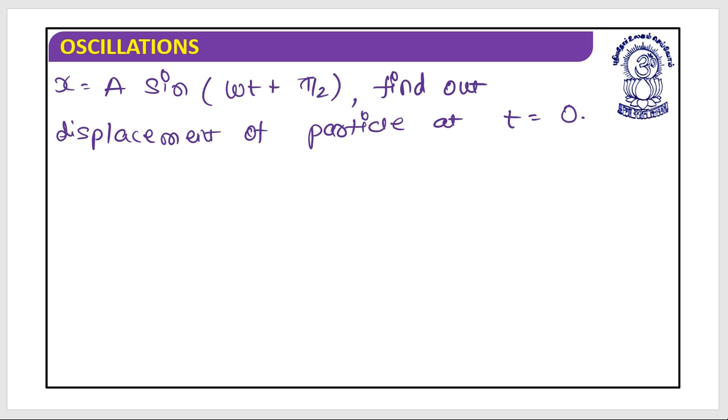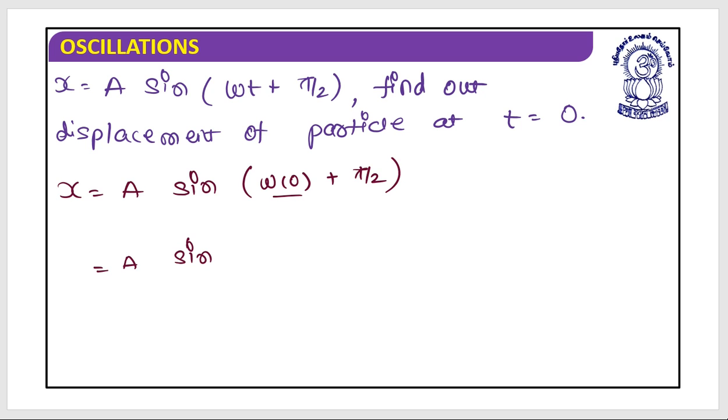So in this situation it is x is equals to a sine omega into 0 plus pi by 2, and when I say it's a sine of a certain angle plus pi by 2, it's a sine 90 degree. Pi is 180, 180 by 2, sine 90. So sine 90 is 1, and x is equals to a.